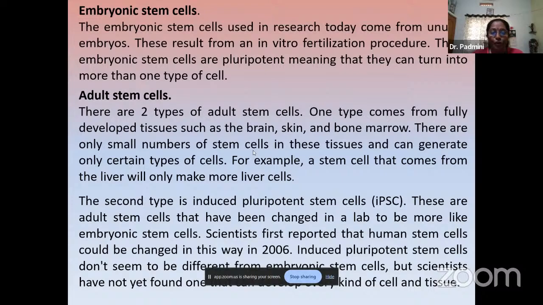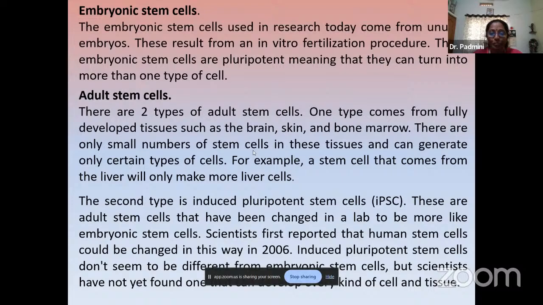So here you make the adult stem cells form into pluripotent stem cells. This is done in a laboratory, because you need a lot of cells and different types of chemicals to induce them into becoming pluripotent.